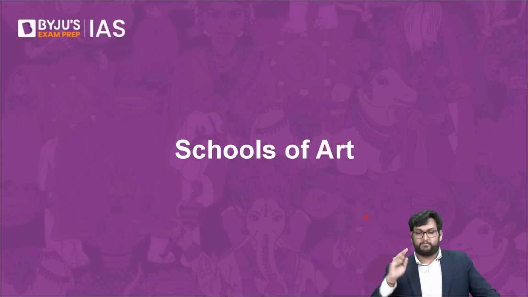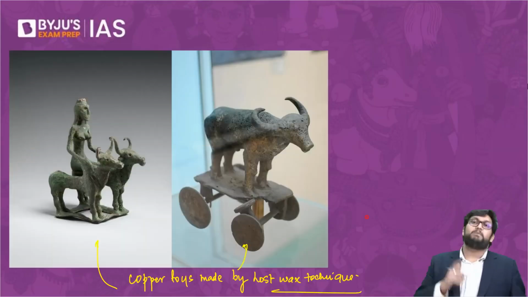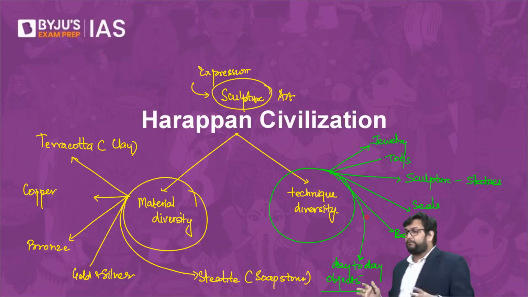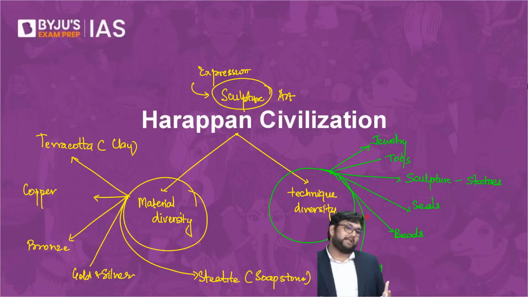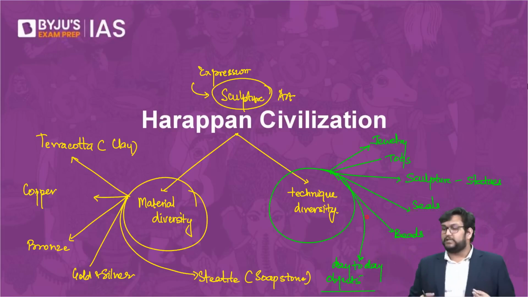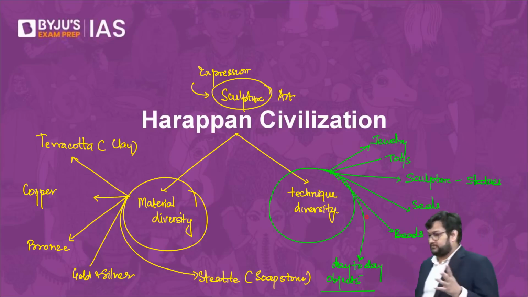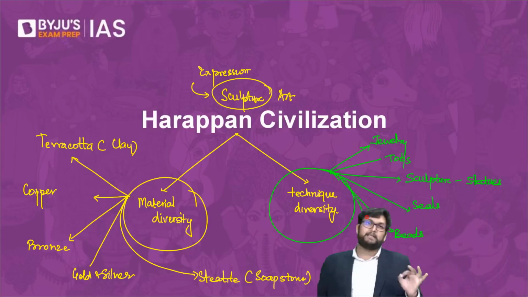But the simple point, before we go to schools of art, is what I made in the beginning. The Harappans are not unidimensional when it comes to craft diversity. They are very, very good at manipulating different materials and different techniques. Are we clear?